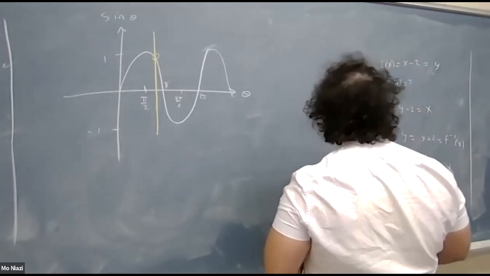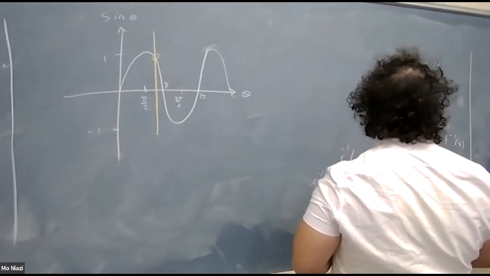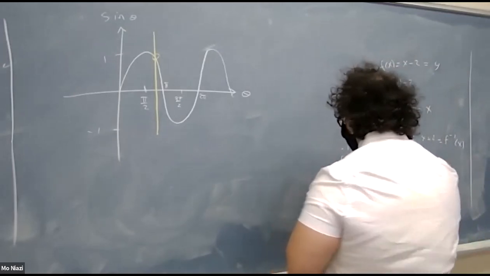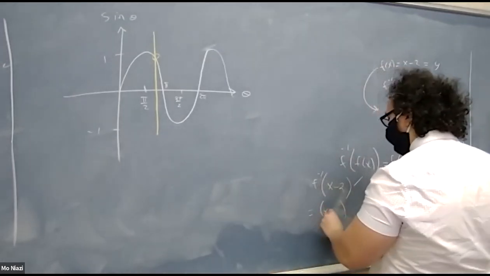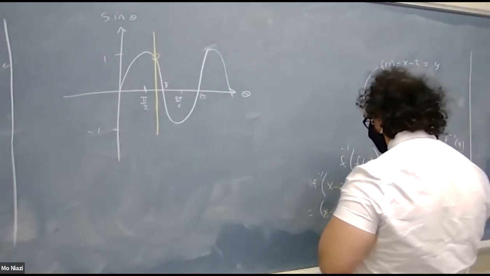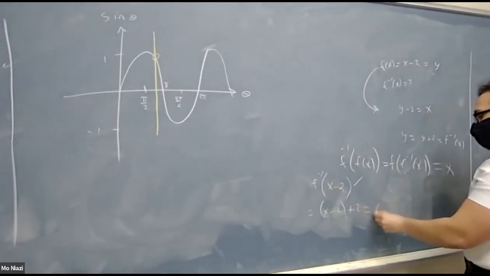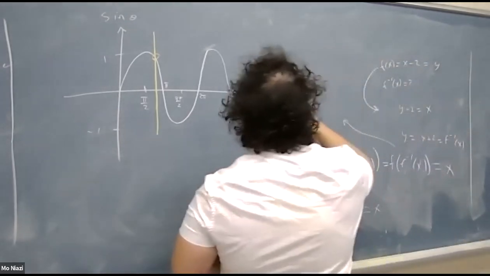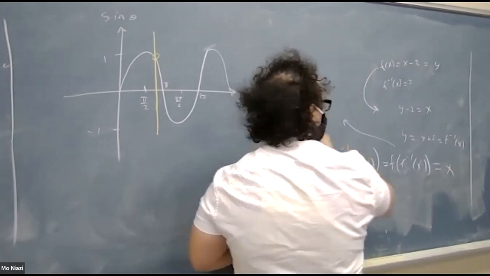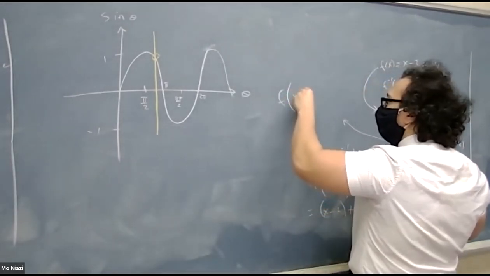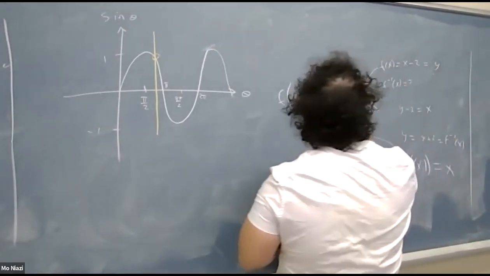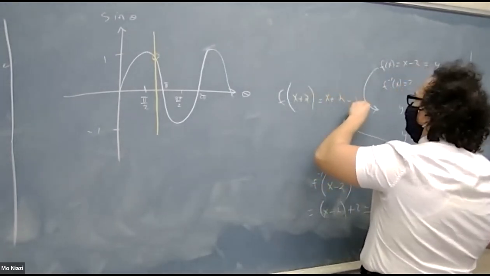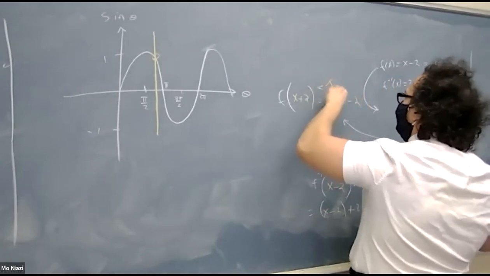And I want to stick that into our f inverse, so I put x minus 2 plus 2. The 2's cancel, so you just get x. And over here, f of f inverse of x, f inverse of x is this x plus 2. When you plug it into f, we get x plus 2 minus 2. So then this equals x.